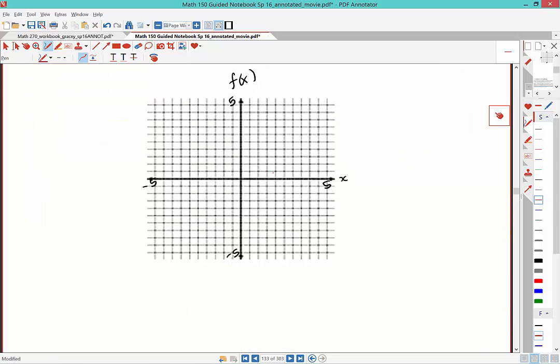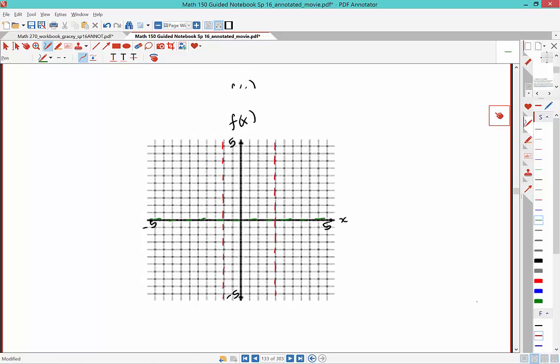So here's our vertical asymptotes. And then our horizontal asymptote is at y is 0.